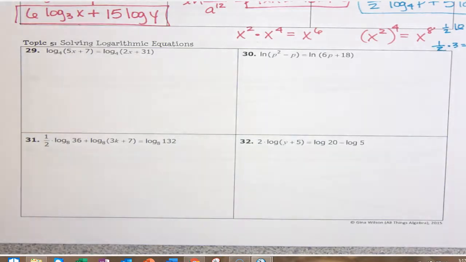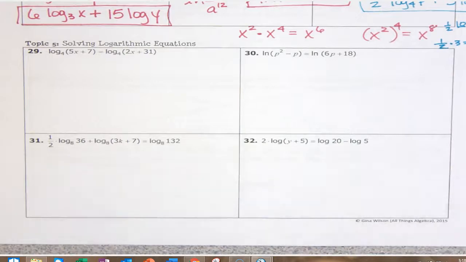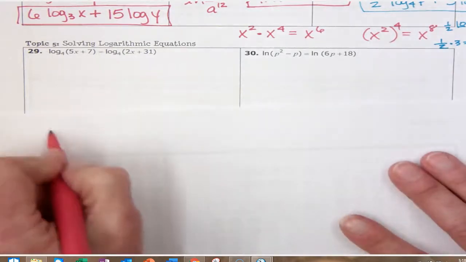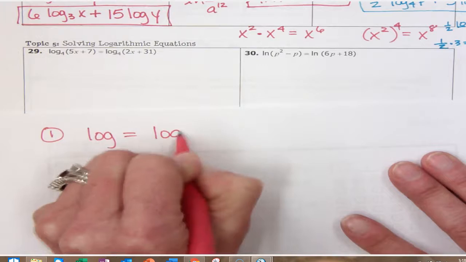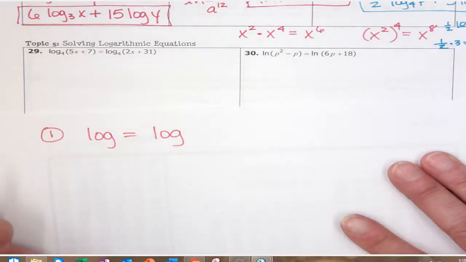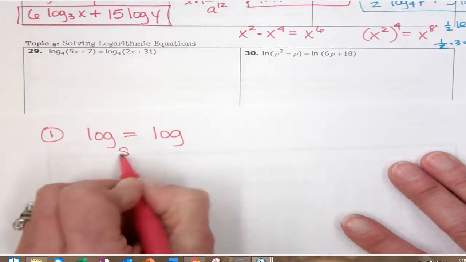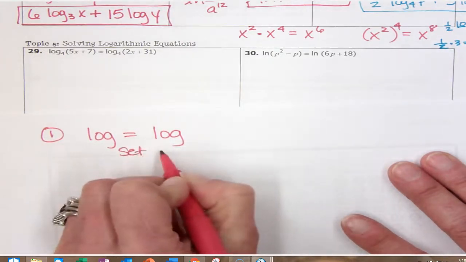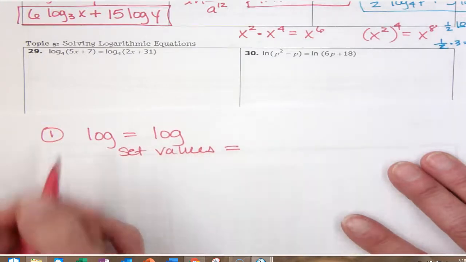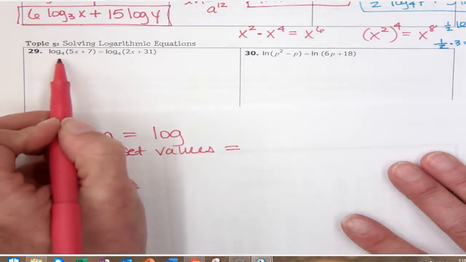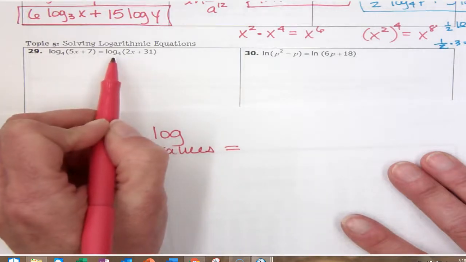One of the types of problems is where you have a single logarithm equal to a single logarithm. In this case, you just set the values equal to each other. So we've got a single logarithm on this side equal to a single logarithm on this side.